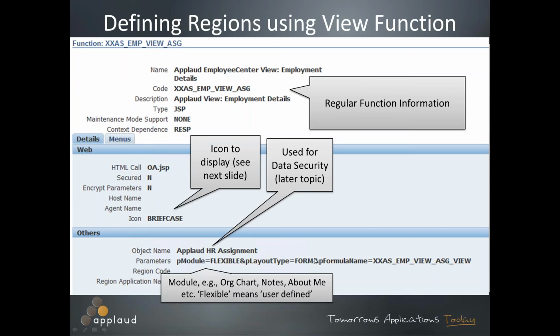Now, this is the important stuff when you look at the parameters on the view function. It's important to get these right. So first of all, we have a parameter called pmodule. A pmodule can take a variety of values, but basically it defines what is going to be embedded in that particular page or region. So we have some predefined modules. Org chart is one. There's a number of those as well. Time cards is another one. So where we have something like org chart, it means there's a specific UI component that will be displayed within that region.